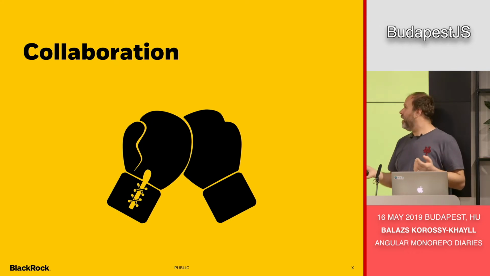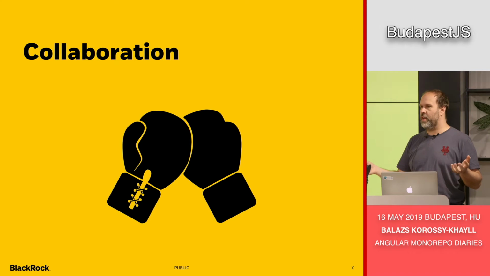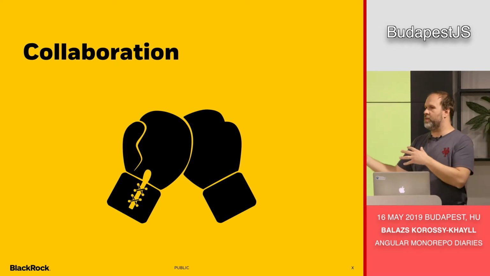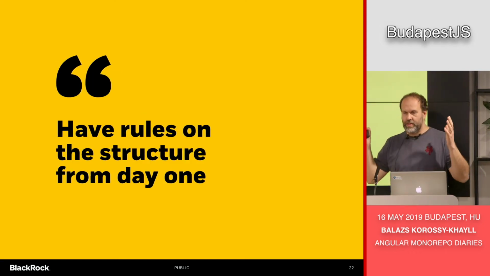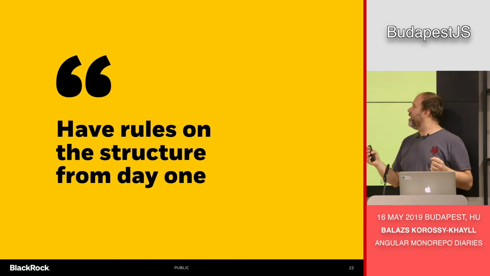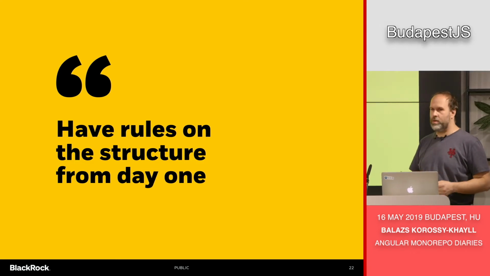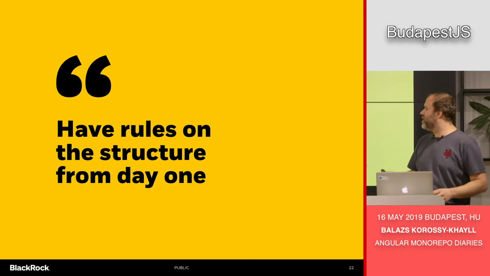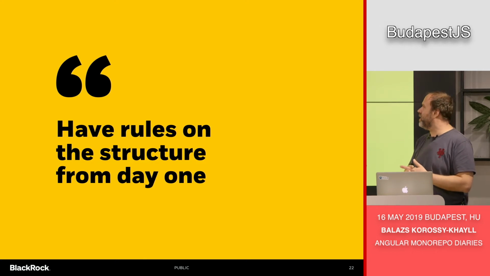But in the monorepo, you need to be consistent, because otherwise, a lot of people that are working in the same repository will not be able to figure out what the others are doing. So what you need to do is to kind of think ahead and agree on rules, possibly from day one. You won't be able to do that, because it's very hard to anticipate what the whole monorepo will turn out to be.